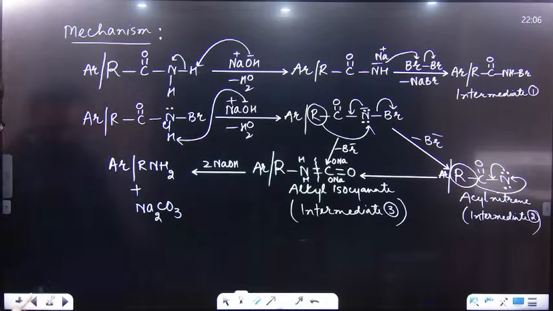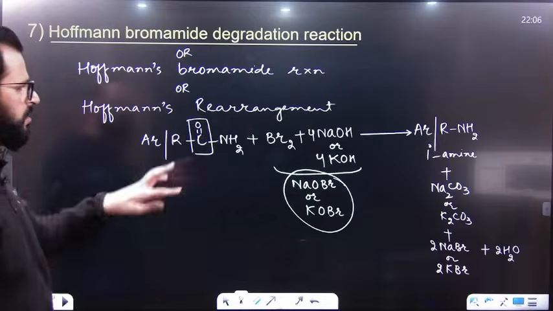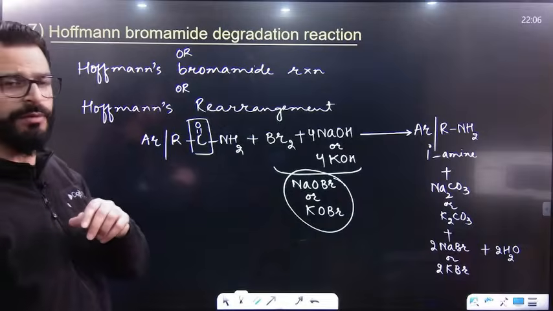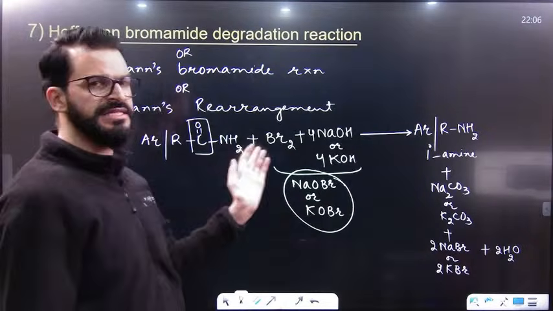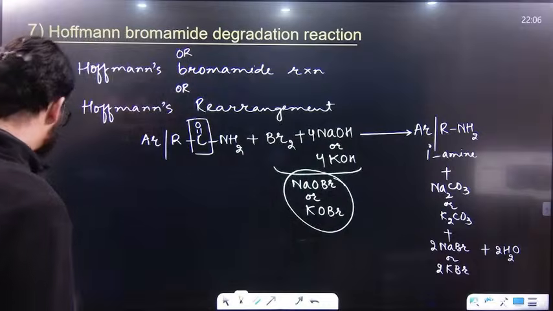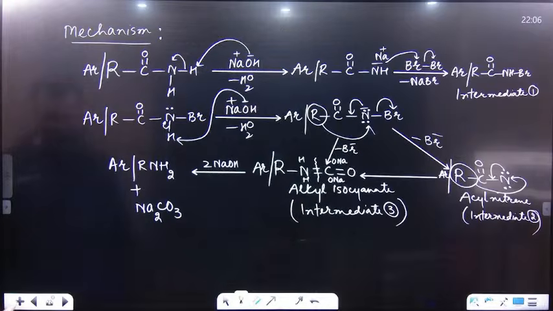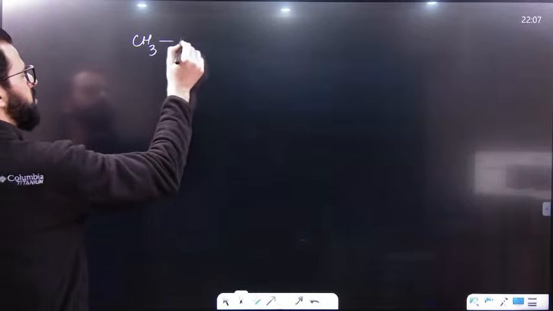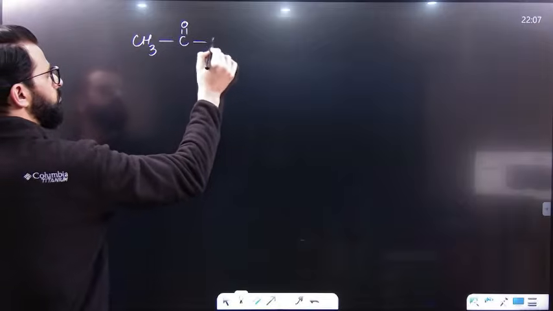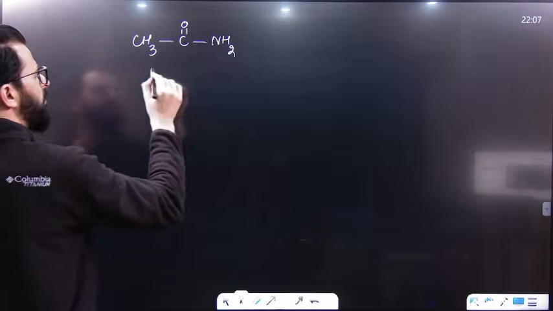But without the mechanism, what we have to do is remove this C double bond O and instead write down the remaining part, that means the amine. If I write a reaction like this, will you tell me what will be the product? What will be the product if I write CH3 C double bond O NH2? This is known as acetamide.